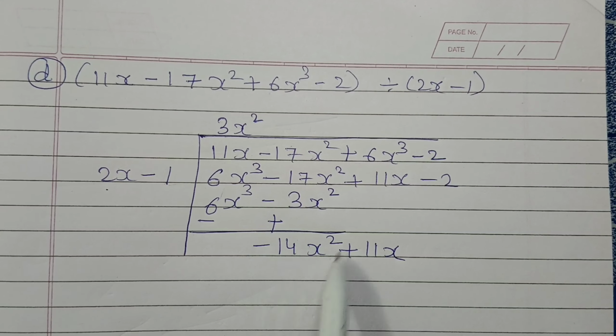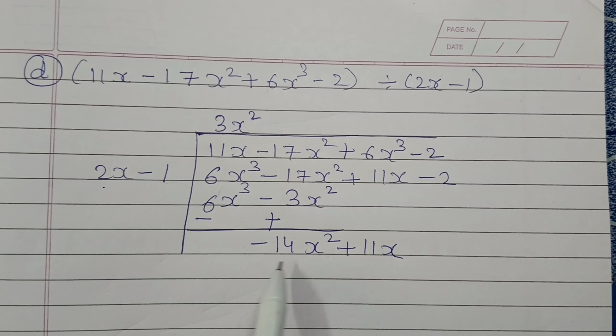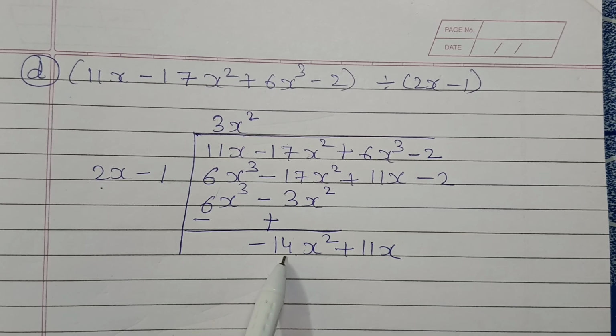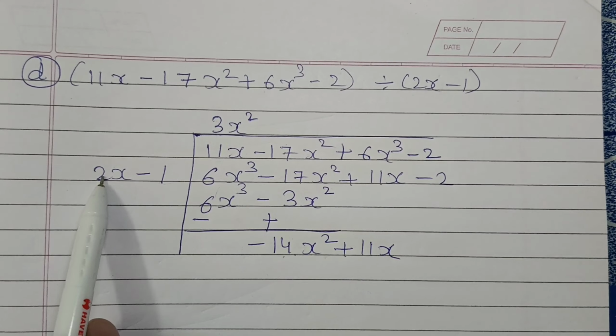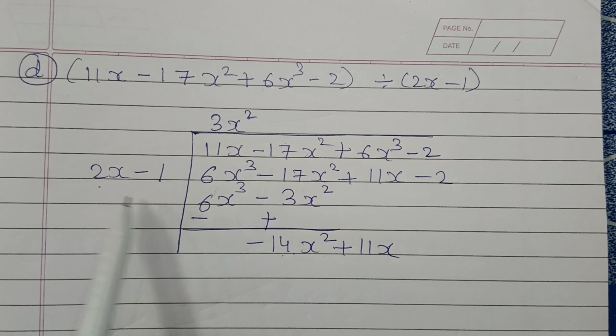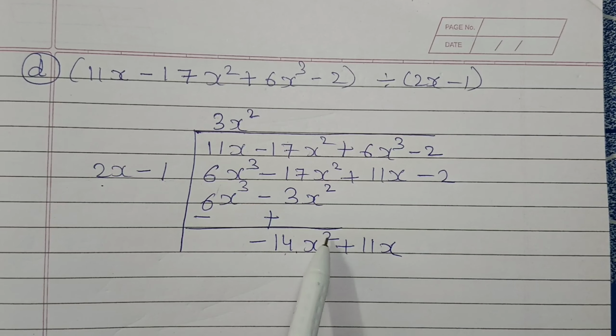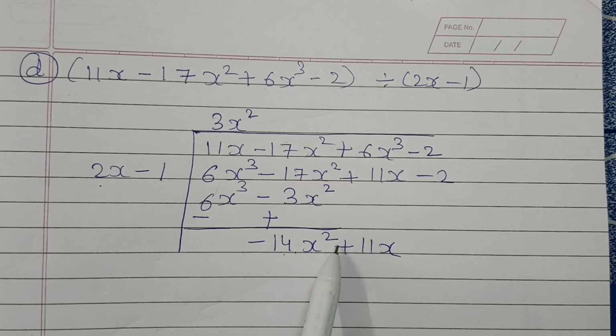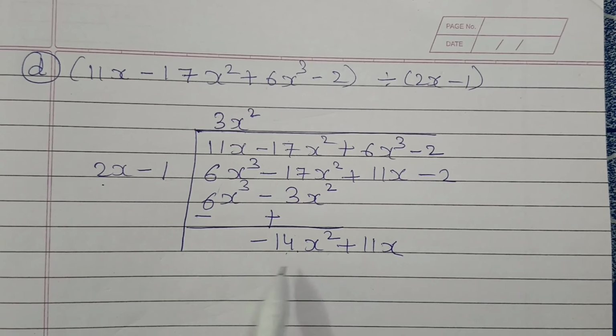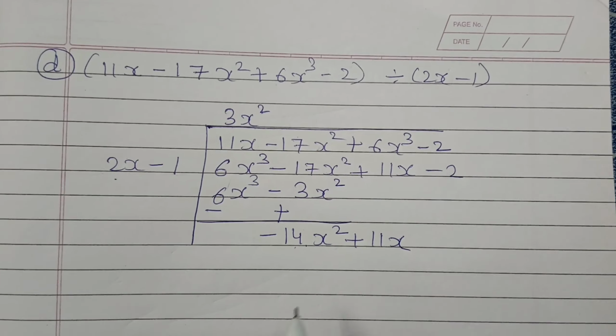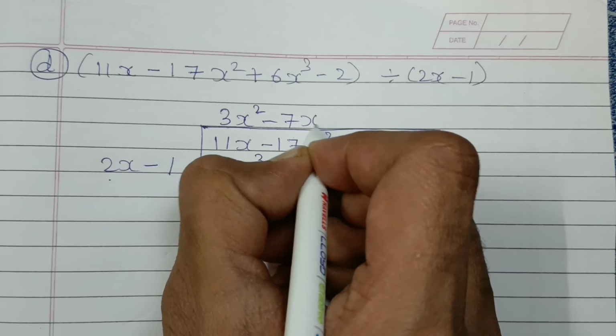Okay, this is my first term of the dividend. If I divide the first term of the dividend by the first term of the divisor, x will cut x of the x square term, and 2 7s are 14. Okay, so minus 7x will be remaining.